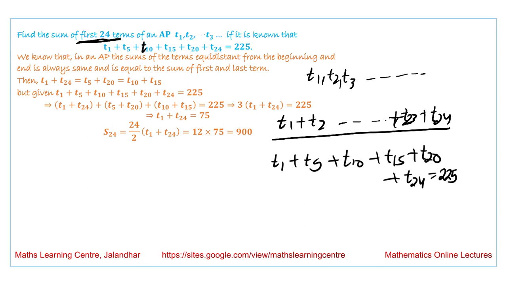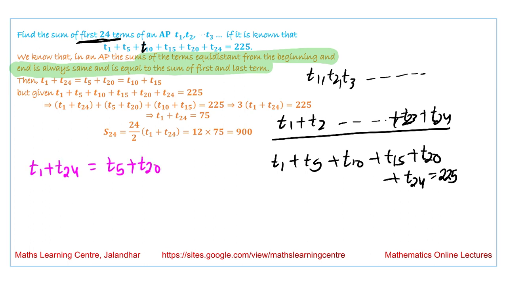Now we know that the sum of the terms equidistant from the beginning and the end is always the same and equal to the sum of the first and the last term. So what we obtain from this is that t1 plus t24 is equal to t5 plus t20, that is equal to t10 plus t15.